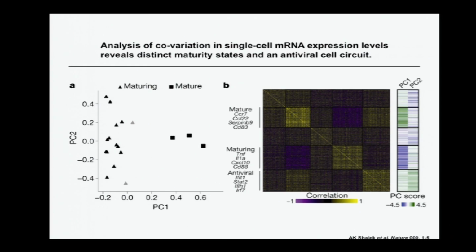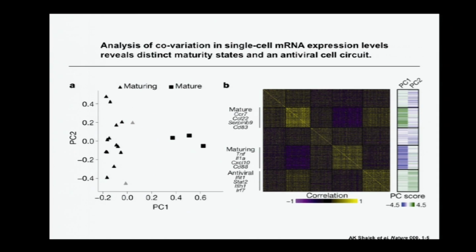As you can see, there is a distinct separation of 3 of the cells from the rest of the cells, where those 3 cells, which correlate well with principal component 1, are thought to be mature cells that express certain cell surface proteins, whereas the ones on the left, the maturing cells, the triangle-depicted cells, express certain cytokines under the maturing legend there on the clustergram on the right-hand side.